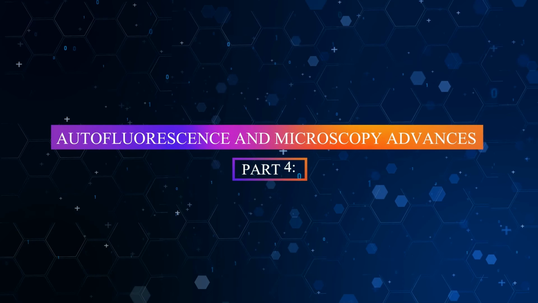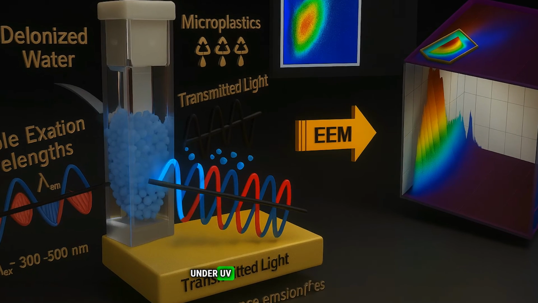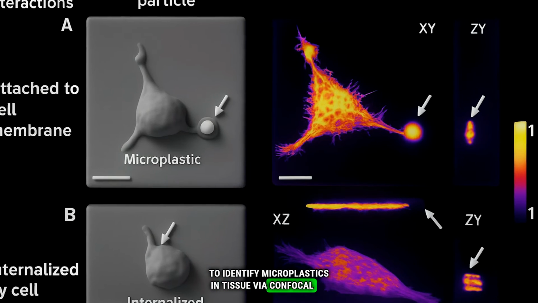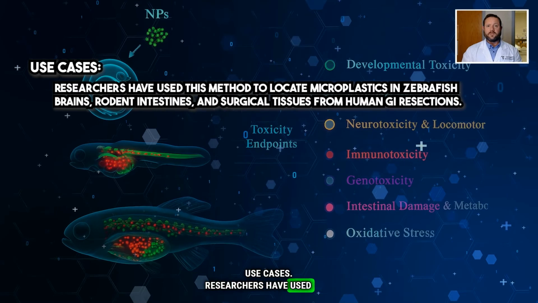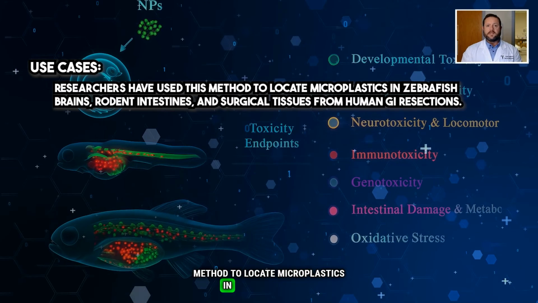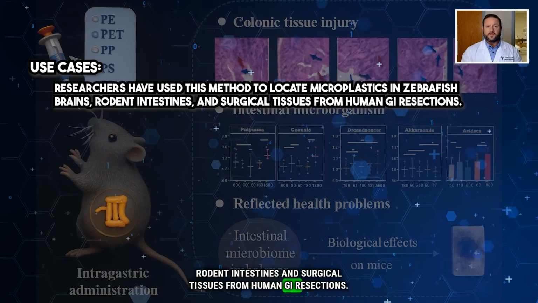Part 4. Autofluorescence and microscopy advances. Certain plastics exhibit intrinsic fluorescence under UV or blue light excitation. These properties can be used to identify microplastics in tissue via confocal or epifluorescence microscopy. Use cases: researchers have used this method to locate microplastics in zebrafish brains, rodent intestines, and surgical tissues from human GI resections.